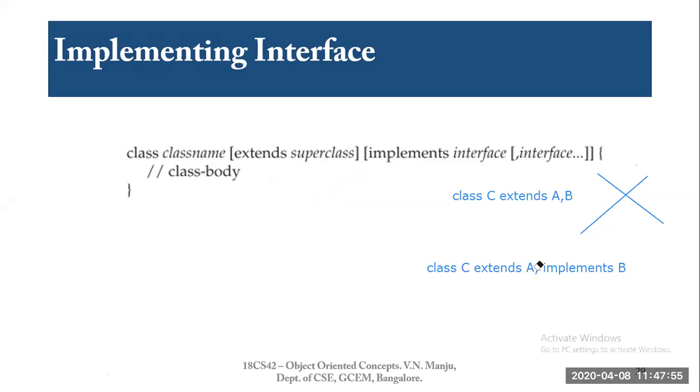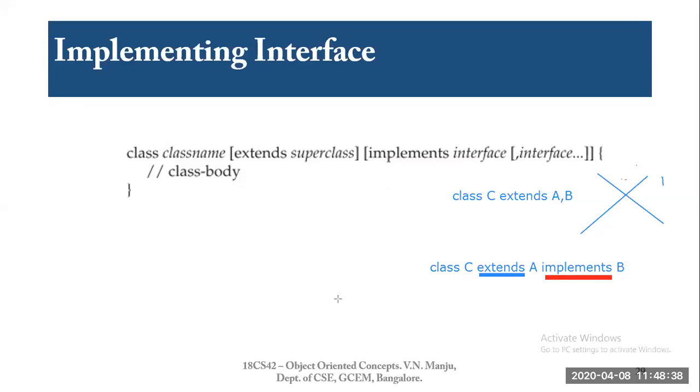We don't have the comma here. So it is simply class C extends A implements B. Clear with that? So extends is a keyword, and implements is again a keyword. Clear with that?